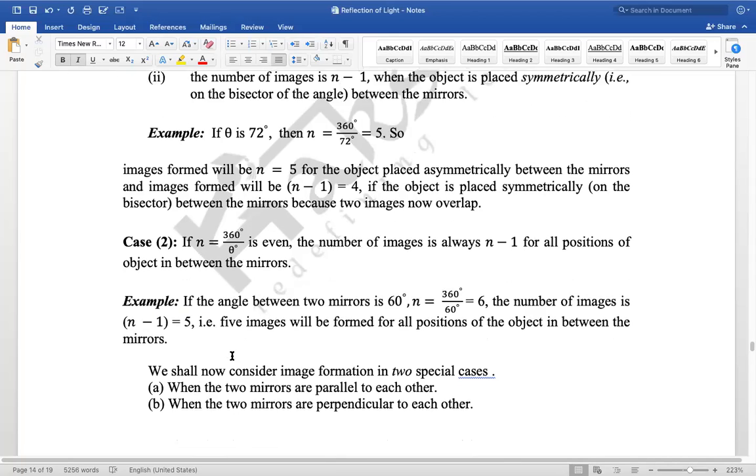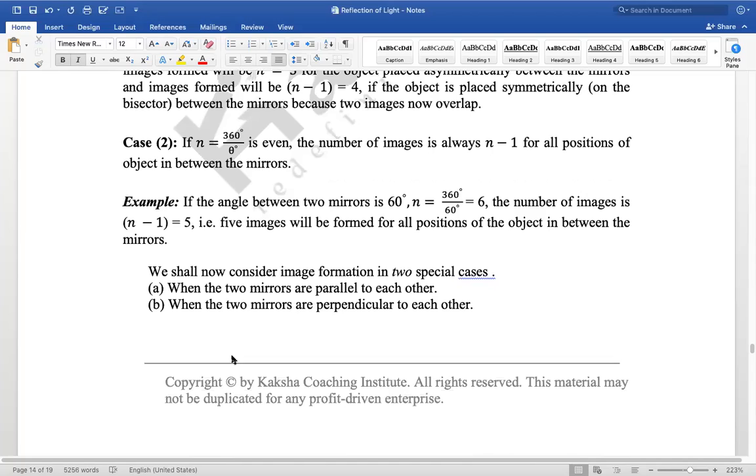So if the angle between two mirrors is 60 degree, n is equal to 360 by 60, that is 6. The number of images is n minus 1, which is 5. That is, 5 images will be formed for all positions of the object in between the mirrors.